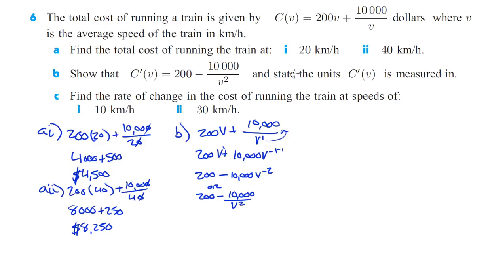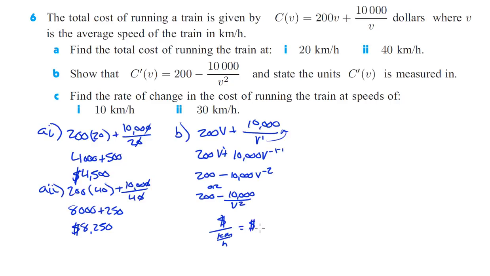Okay. Now it says state the units of C prime. If you remember, the v up here is kilometers per hour. And it's cost, so really it's dollars over kilometers per hour. We're dividing a fraction by a fraction, so we got to flip it and multiply.